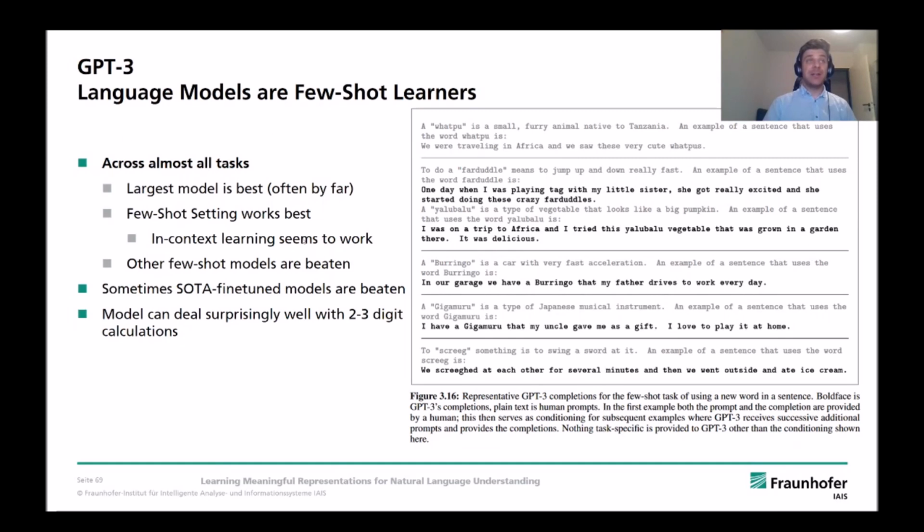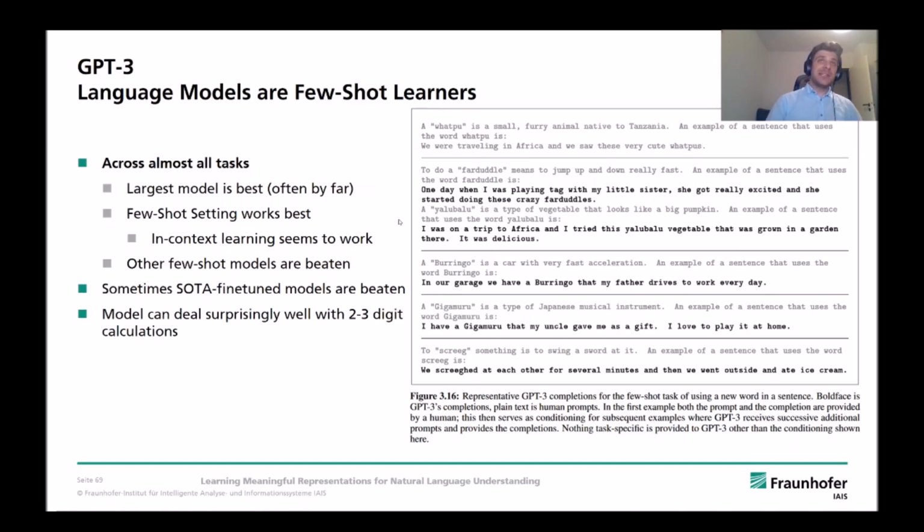I would highly encourage you to look at other examples of what GPT-3 is capable of. And because versions of GPT-3 have already been released, or at least some people have gotten access to them, I also encourage you to look up what people have been doing with GPT-3, including tasks such as code completion or even JavaScript website generation. So this is really impressive, what OpenAI has done here.